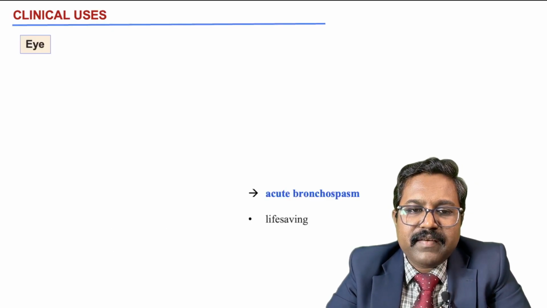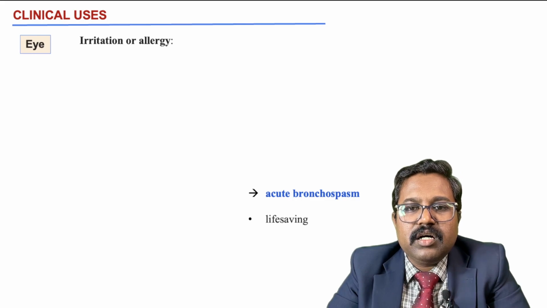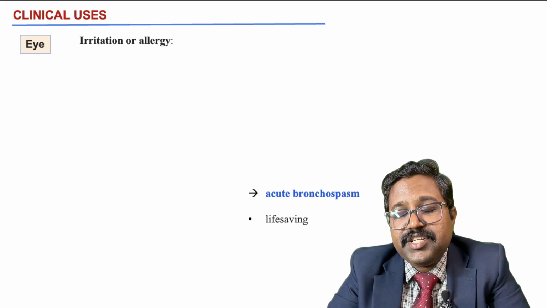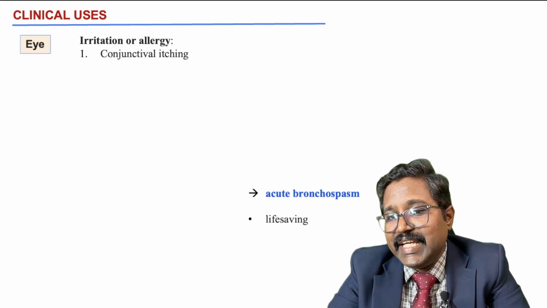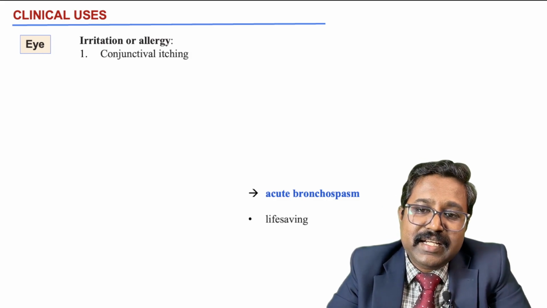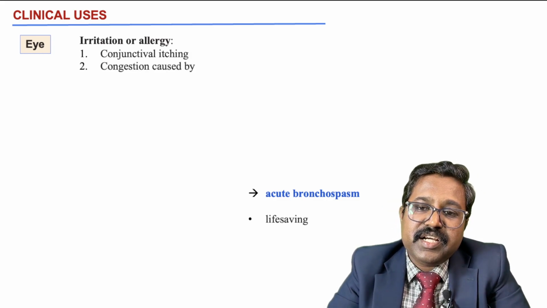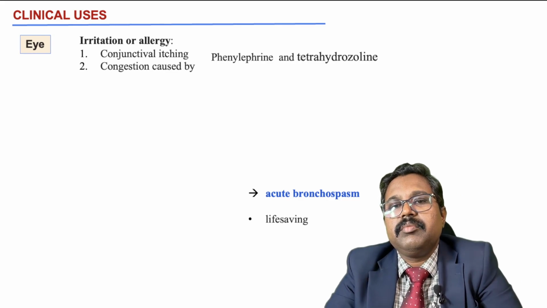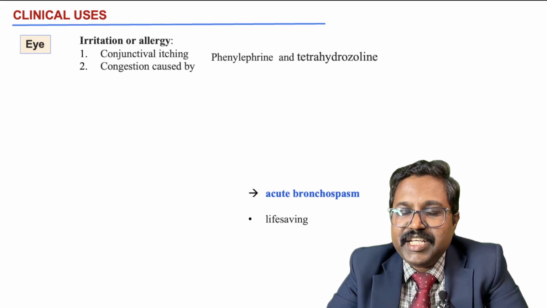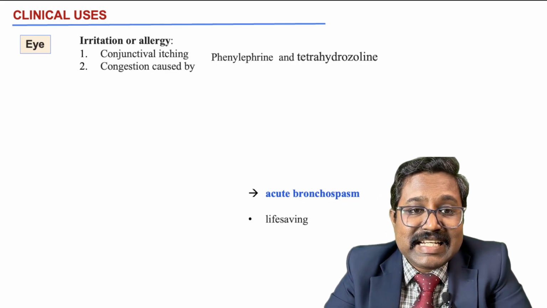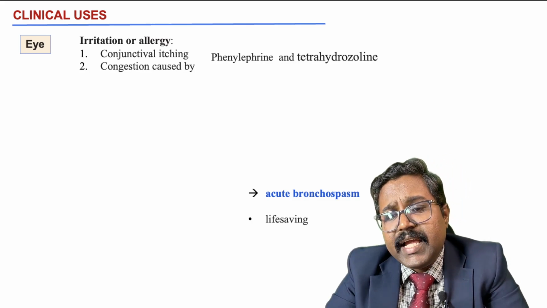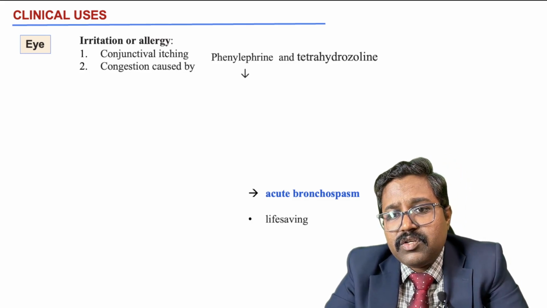Coming to the uses of the adrenergic agonists, they can be used for treating any irritation or allergy leading to conjunctival itching and congestion. Here you are going to use a decongestant, that is phenylephrine, and also you can use tetrahydrozoline.